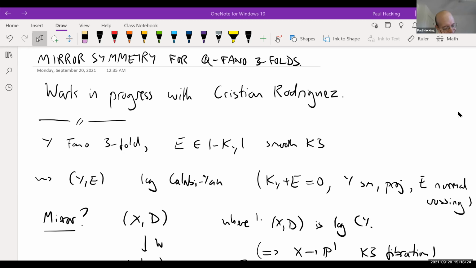So just to give a sense, the case of smooth Fano threefolds is due to Fano himself and Iskovskikh in the, I think, the 70s. But the case of Q-Fano, where you allow quotient singularities of a certain type, is much more difficult.